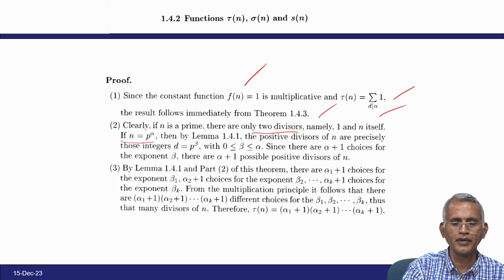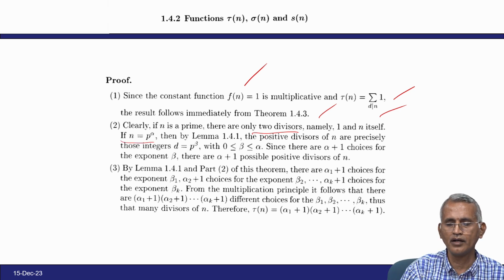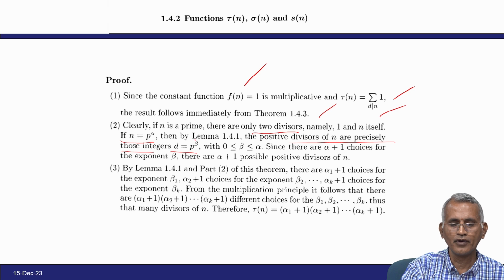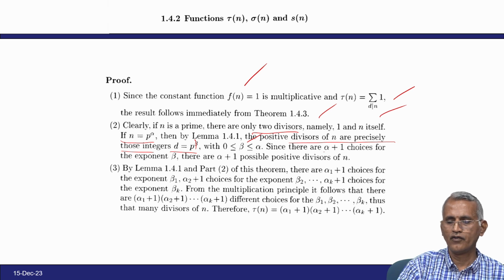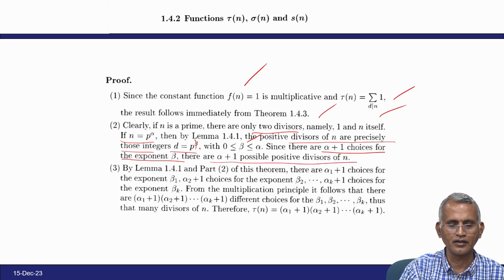If n equals p power alpha, by the lemma the positive divisors of n are precisely those integers d equal to p power beta, where beta lies between 0 and alpha, and there are alpha plus 1 choices for the exponent beta, so there are alpha plus 1 possible positive divisors of n.